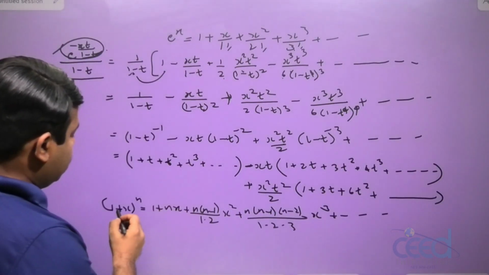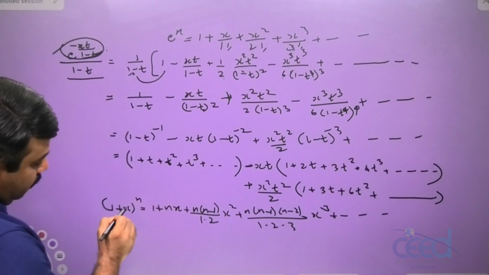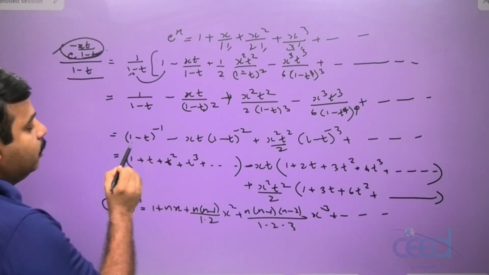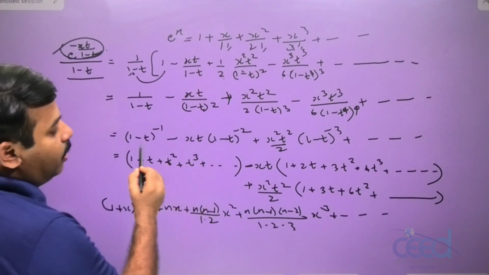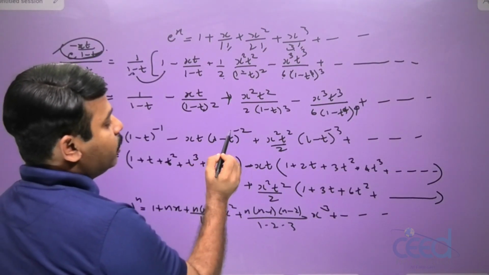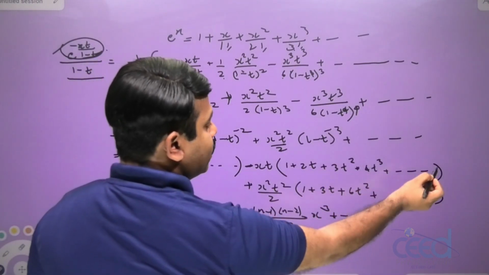So this is 1 plus x whole raised to n, expanding 1 plus t square plus t cube plus etc. Here minus xt I have taken out, 1 minus t all raised to minus 2, 1 plus 2t plus 3t square plus 4t cube plus etc.